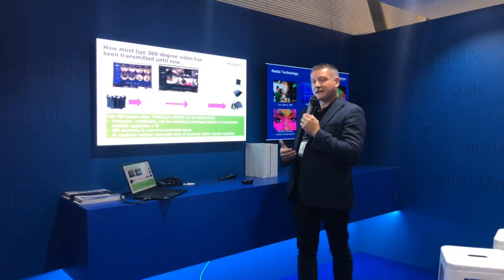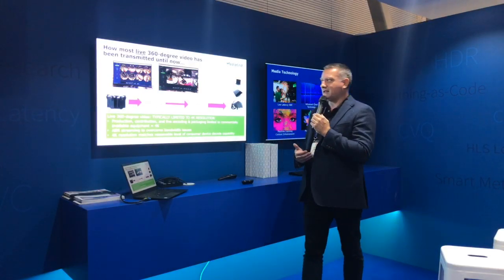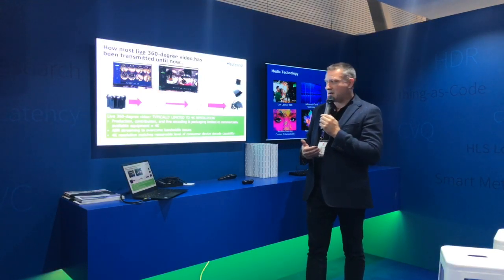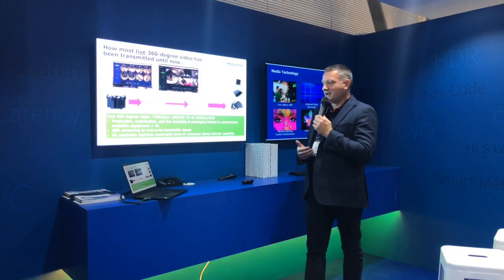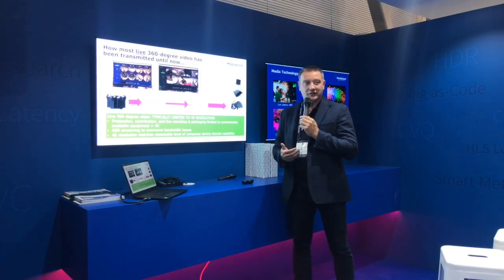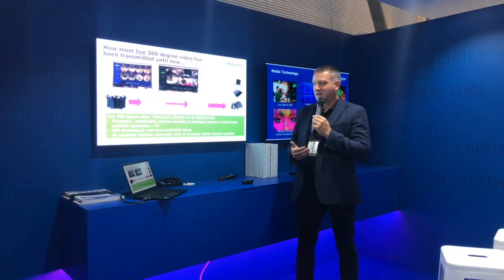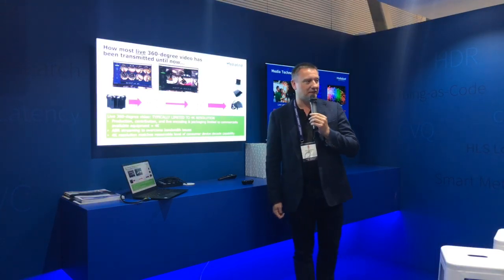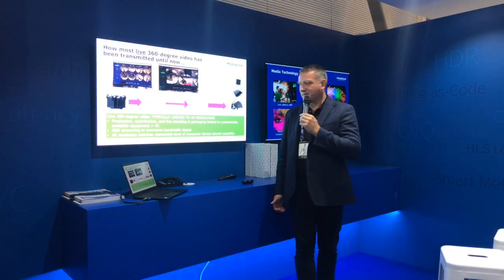Now, most live 360-degree streams, up until now, have generally been restricted to 4K or less resolution. One of the reasons for that is access to commercially available production, contribution and live encoding solutions that can handle 4K or higher resolution.